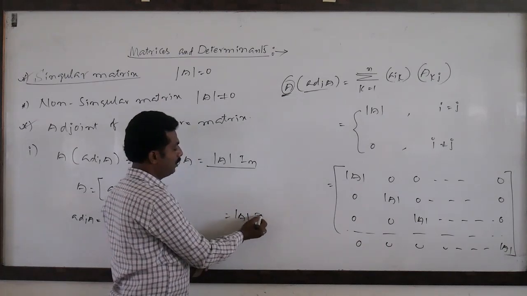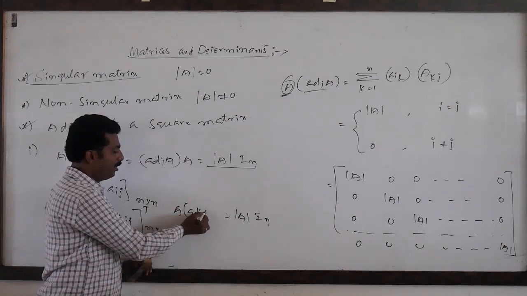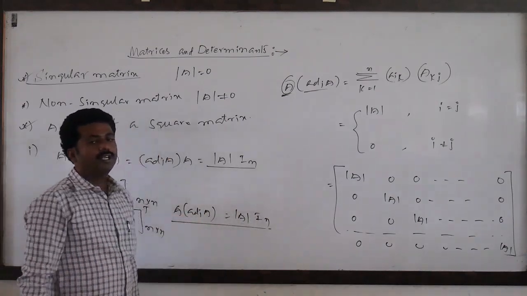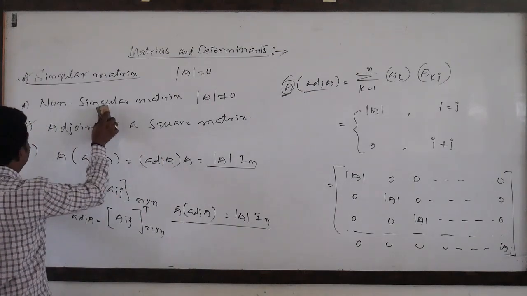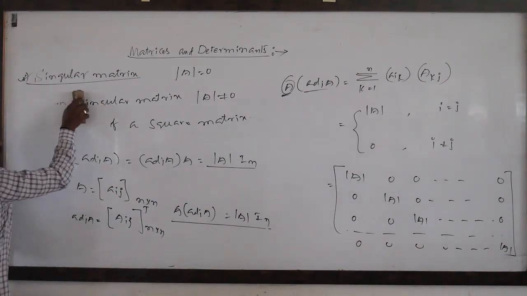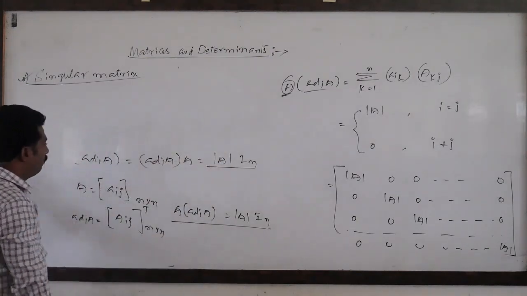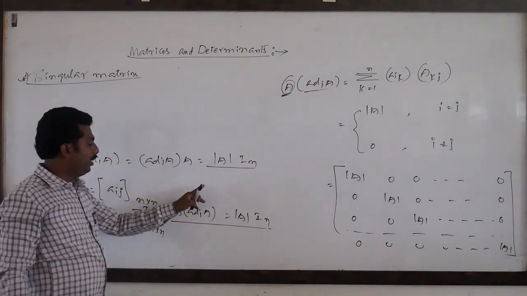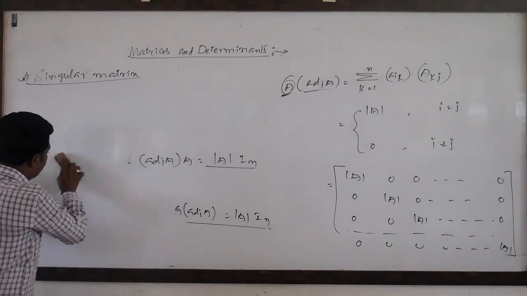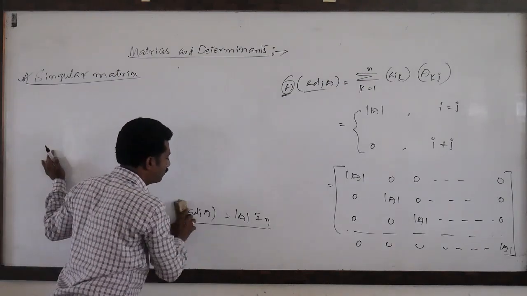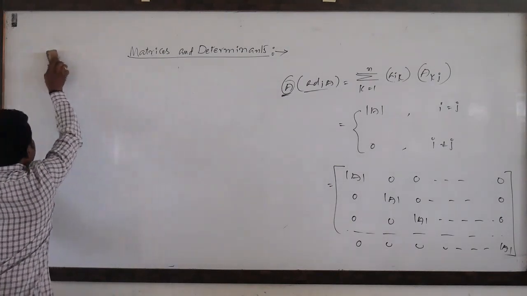So this is I_n. A into adjoint of A is always determinant of A into I_n, and that is what we had to prove. Similarly, we can prove adjoint of A into A is the same. This is the first property of the adjoint of a square matrix.